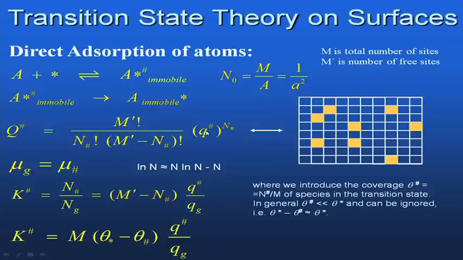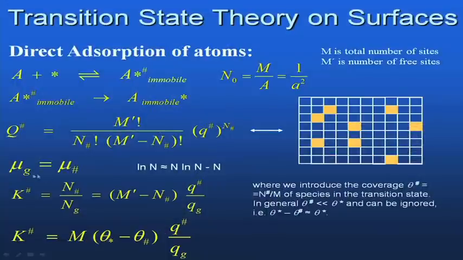So, an n double dagger number of such activated atoms are there. Therefore your partition function will be Q double dagger to the power n double dagger. Applying the same thermodynamic principle that the chemical potential in the gas phase and the chemical potential in the adsorbed, that is the double daggered state mu double dagger, are equal, and applying Stirling's approximation that ln n is equal to n ln n minus n for large n, we get the equilibrium constant for the distribution between the gas phase and the adsorbed phase.